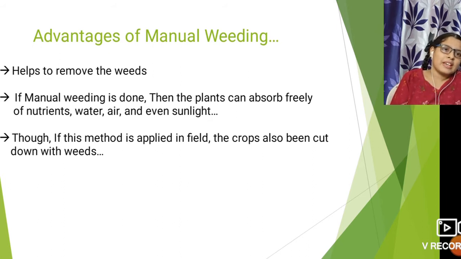By mistake or accidentally, these implements also remove some of the crops from the soil.